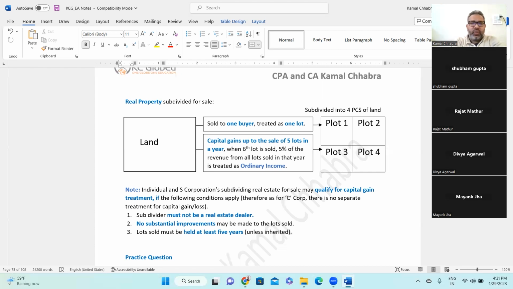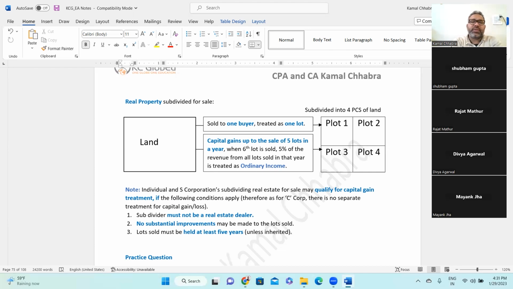But for an individual or S corporation, if you meet all 3 conditions, then you can still consider it a capital asset, but for 2 cases: first, when you are selling all the pieces to a single buyer, or when you are selling a maximum of 5 pieces in a year. First one is the subdivider must not be the real estate dealer.